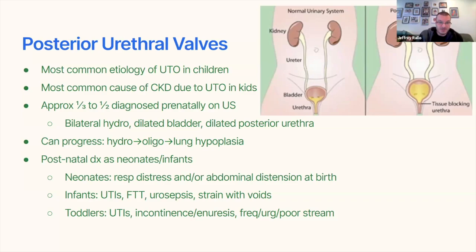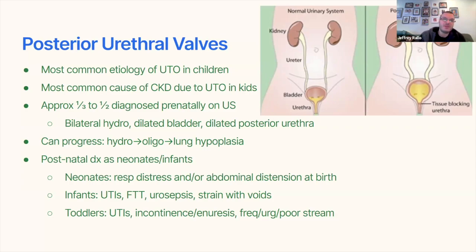So your neonatal symptoms will be respiratory distress and abdominal distension at birth. This is more those undiagnosed lung hypoplasia patients. They'll have the respiratory distress from the hypoplasia and the abdominal distension, obviously, just from the full hydro and distended bladder.